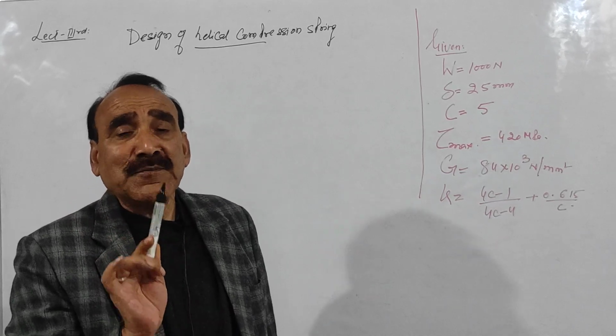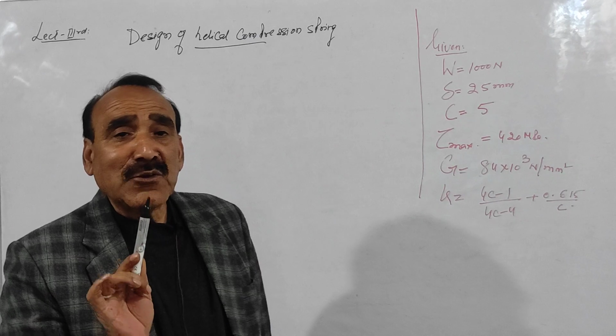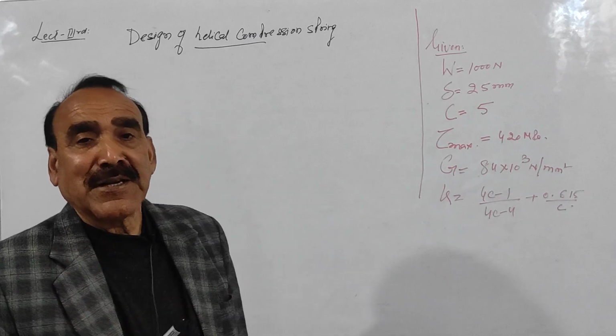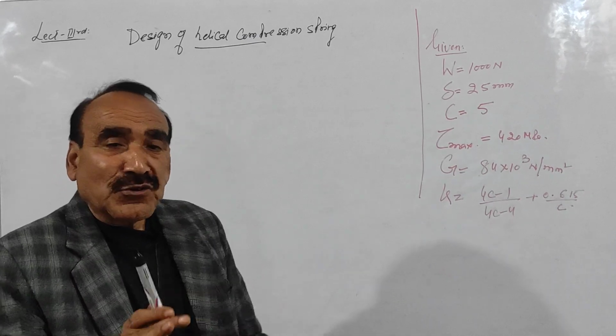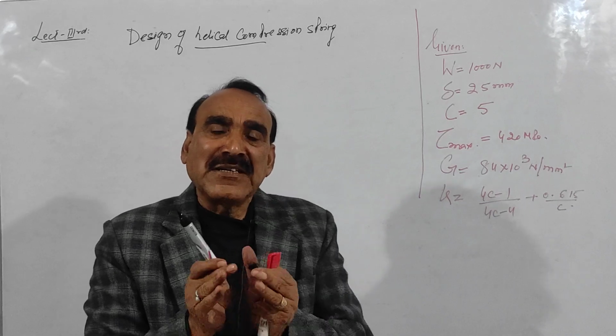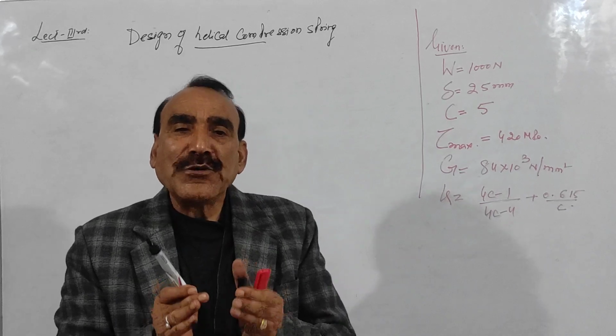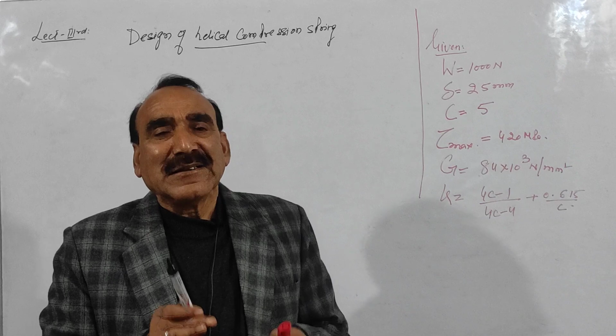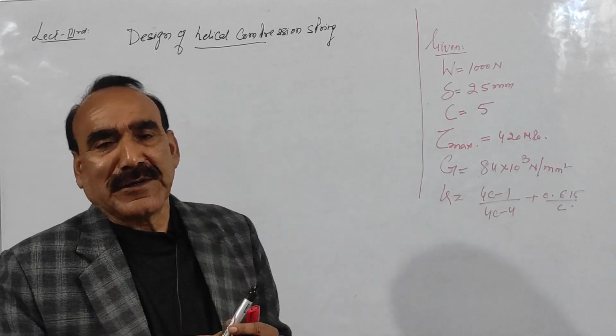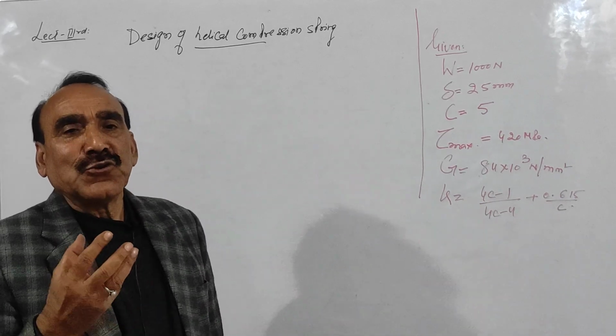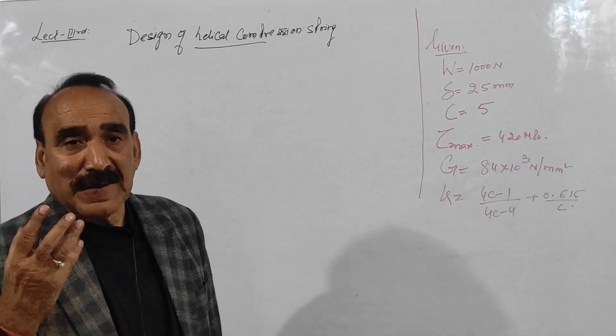So then second point is that you have to calculate the mean diameter of the spring coil, right. So these things, mean diameter of the spring coil, outer diameter of the spring coil, these things can only be calculated. First you calculate the spring wire.